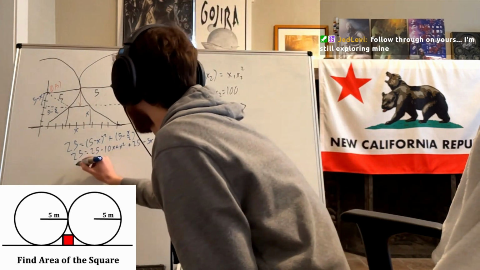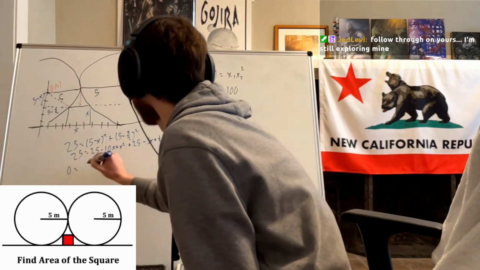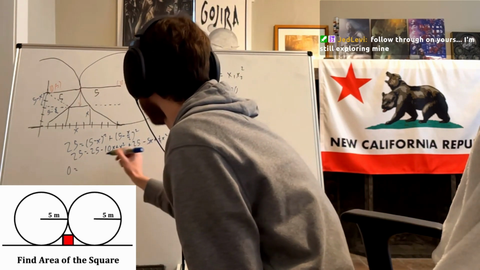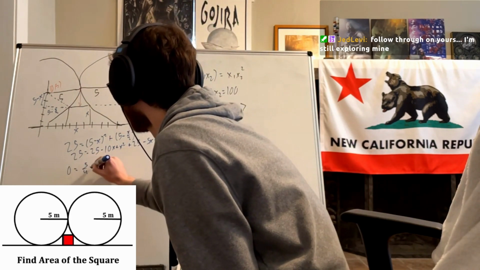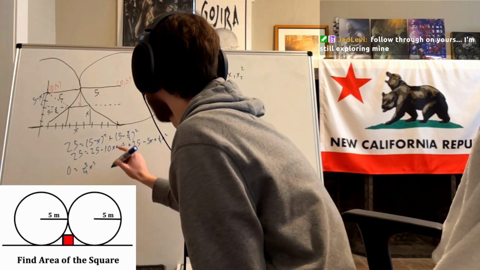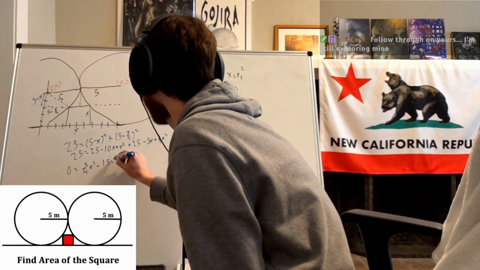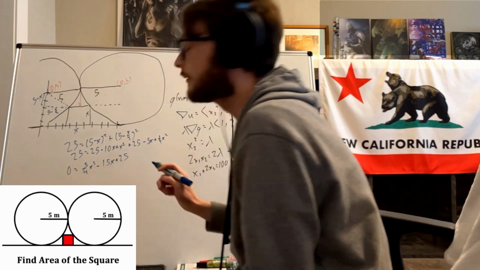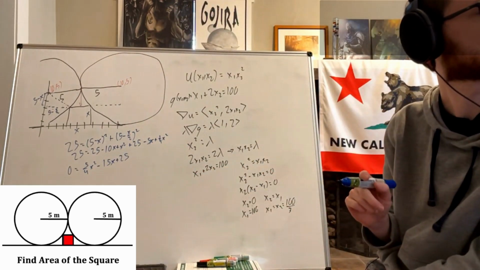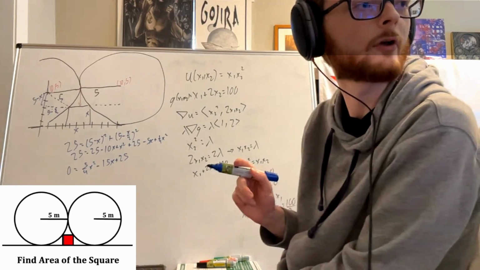Okay. 0 equals 5 over 4 x squared minus 15x plus 25. I'm not cutting myself off yet? Okay. You still exploring yours? Okay.